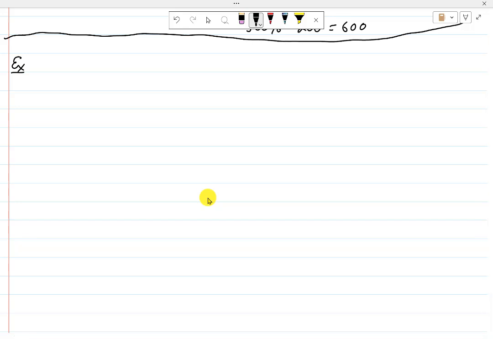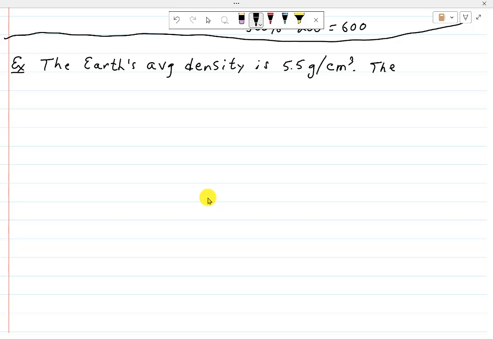The Earth's average density is 5.5 grams per cubic centimeter. The average density of Mars is 0.7 grams per centimeter cubed.